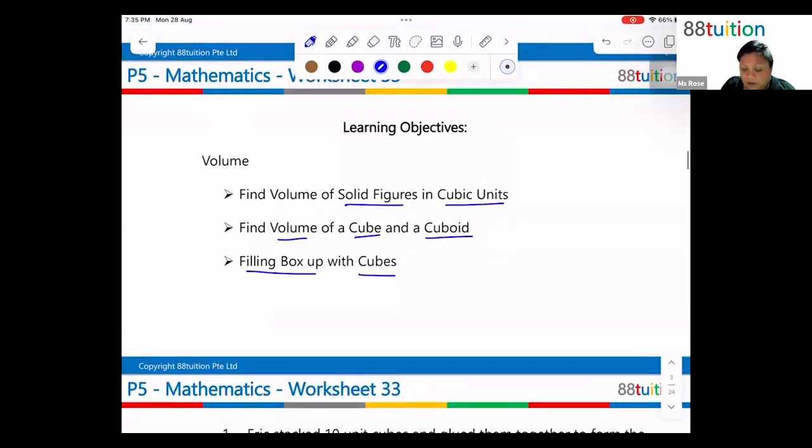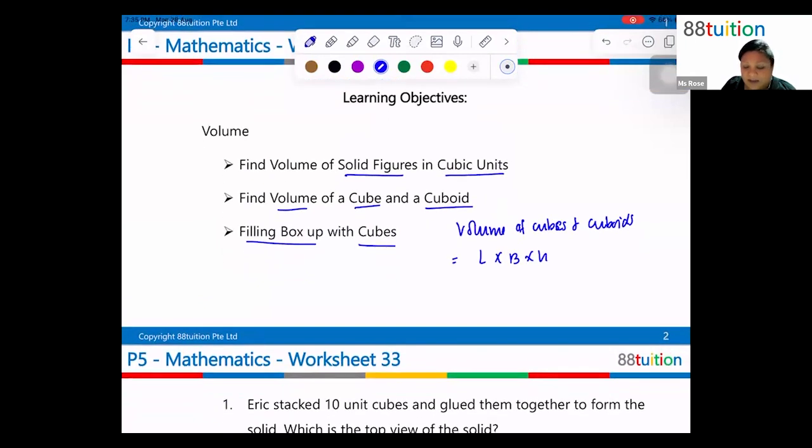Now, basically, when we talk about volume of cubes and cuboids, we actually use the formula length times breadth times height to find the volume. Now, we can also find any one of the dimensions given the volume.